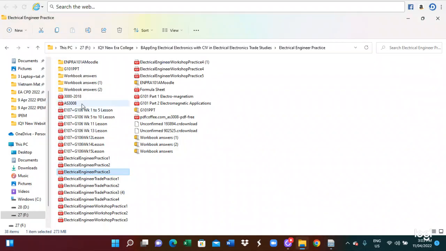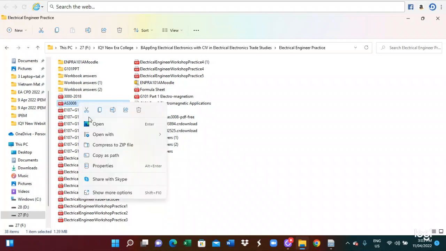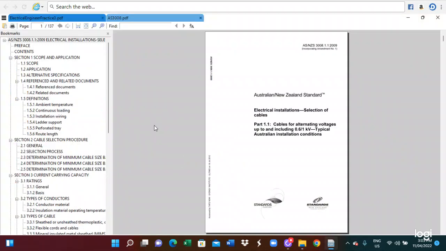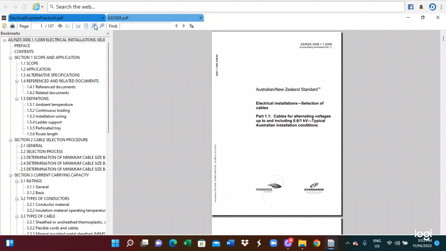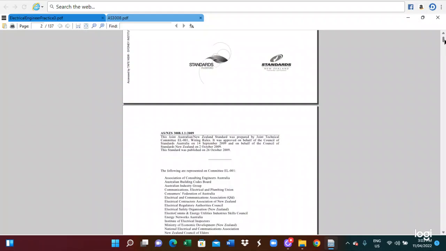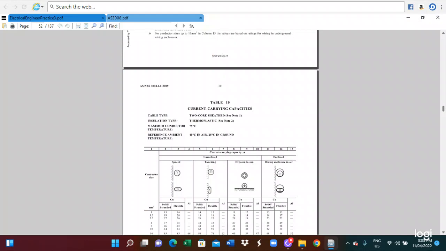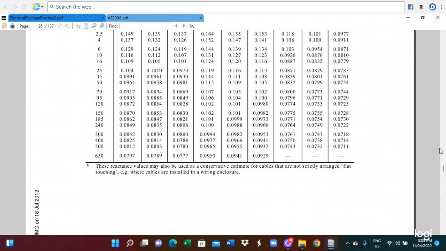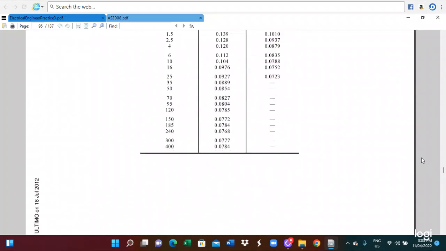So this is ES3008. We show tables 34 to 39, and we go through them.